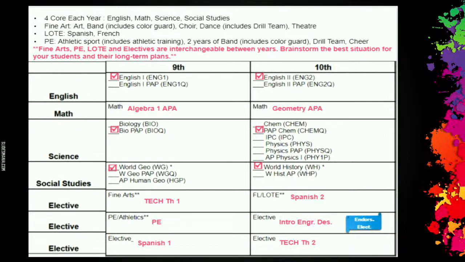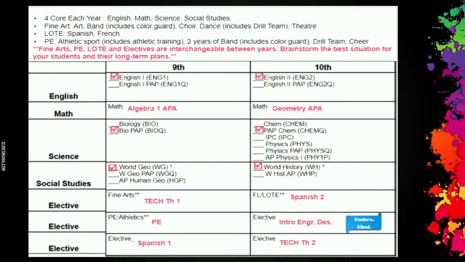In 10th grade, for their career plan, after speaking with their parents and discussing what their map should look like, this student has selected to take regular English 2, I'm assuming because he took regular English 1 in 9th grade. He's continuing on with APA Geometry in 10th grade. He must be a really good math student.